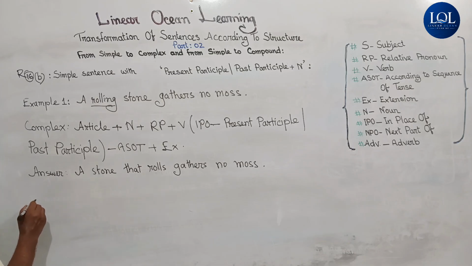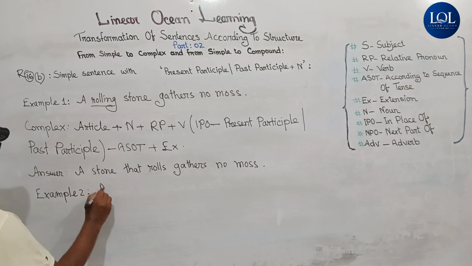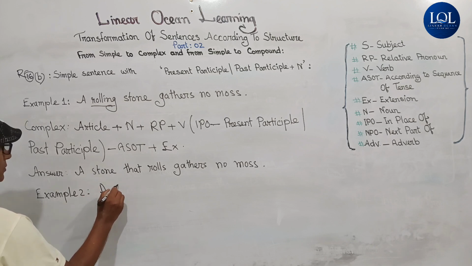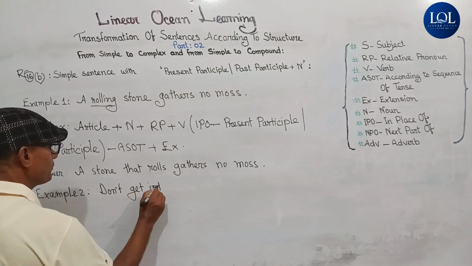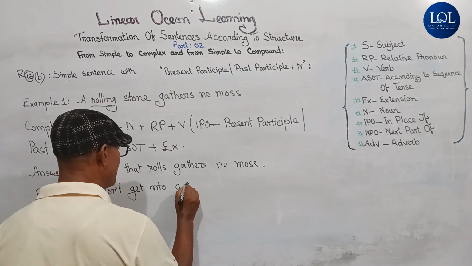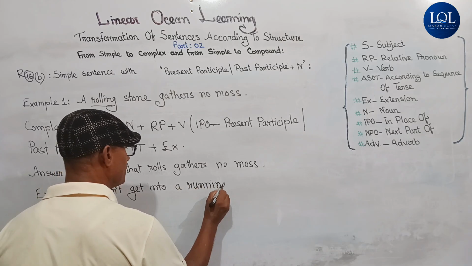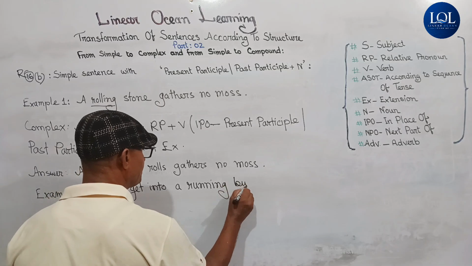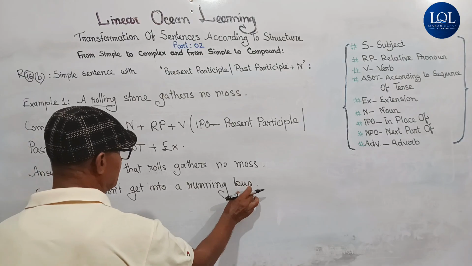Now let me give another example. Example 2. Don't get into a running bus. Here running is present participle and bus is noun.